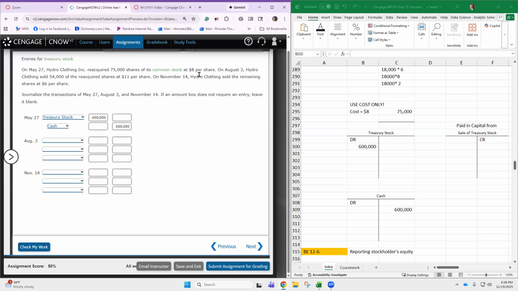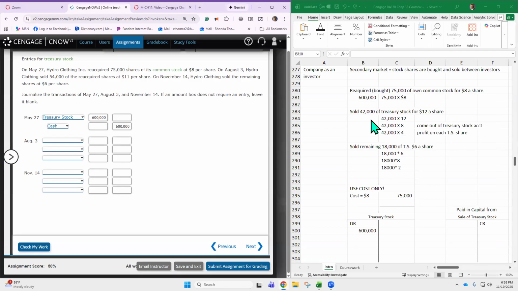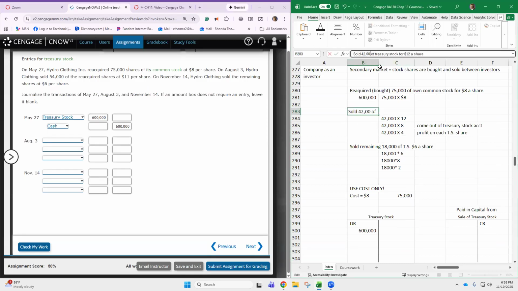$11 a share. We bought them for $8. We're selling them for $11. We're going to make a little $3 extra money, right? So let's go. So now we're going to sell 54,000 shares at $11 a share. So we want to do the math there.